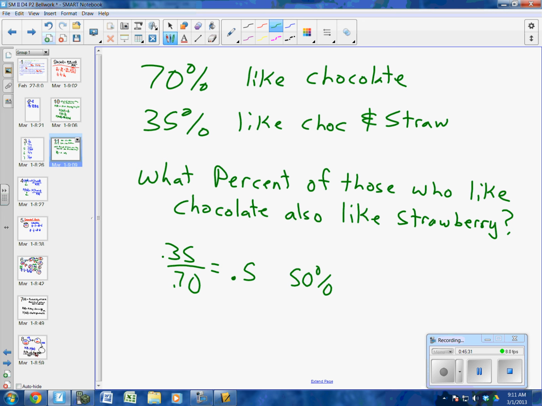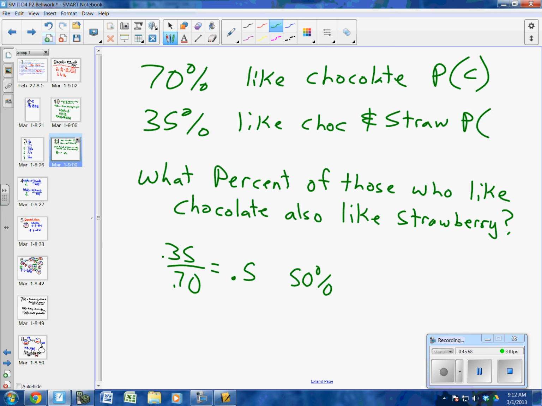Why did that work? Chocolate and strawberry is the intersection, and then the other one is given. You guys, here's the probability of chocolate right here. We're going to call this P of C, the probability of chocolate. Liking chocolate and strawberry was the probability of what?